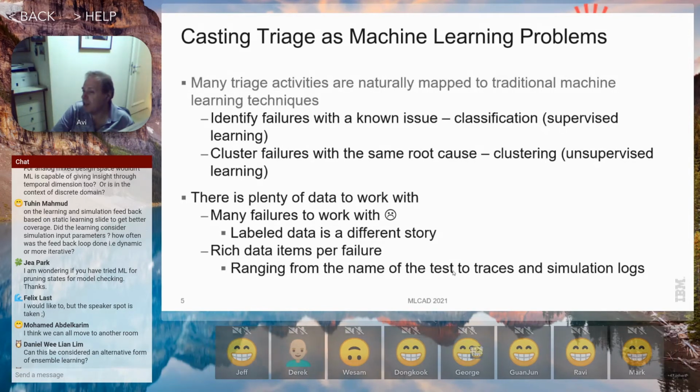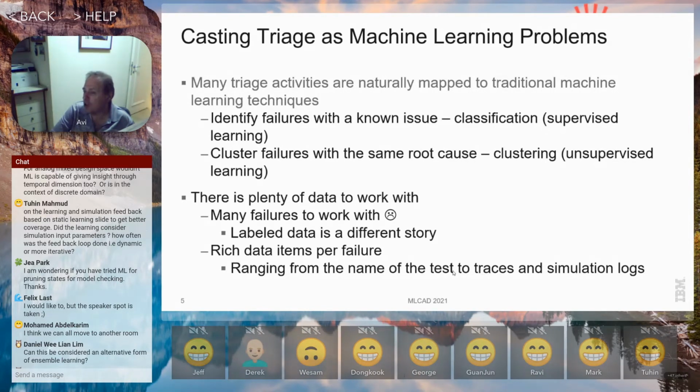It also has simulation traces and simulation logs, a lot of files that contain a lot of information, and all of this can be used for the learning process. So overall, triage looks like a natural candidate for machine learning techniques.